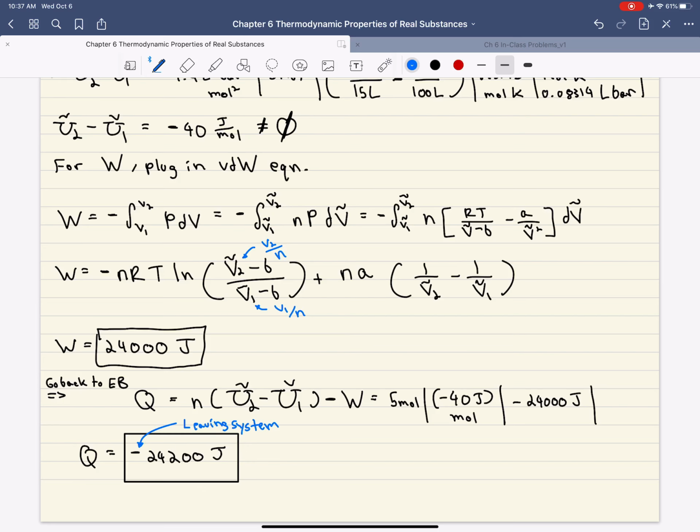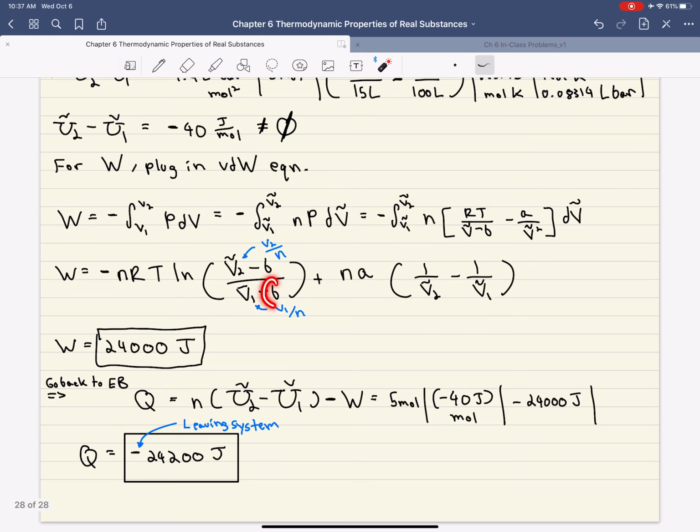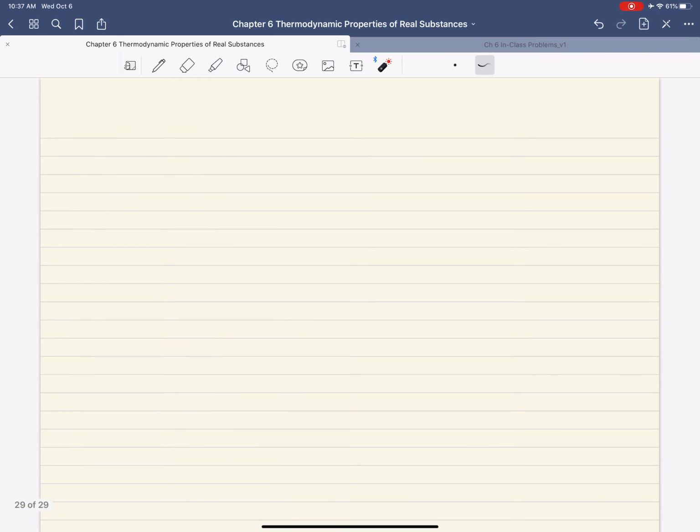Okay? Alright, so this is the heat that we calculate leaving the system if we're dealing with nitrogen gas. And specifically for nitrogen gas, it has a specific A parameter and a specific B parameter. But the nice thing about using these more sophisticated equations of state is that with the ideal gas, it was just a function of temperature, volume, and moles.